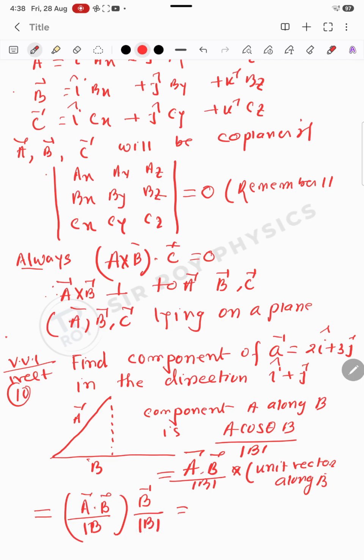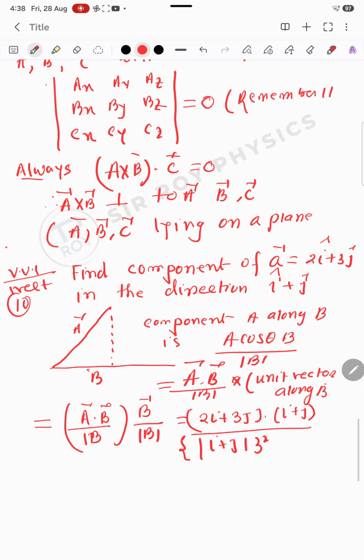So A dot B will be coming: 2i plus 3j dot i plus j, by i plus j whole square. So it is coming to 5 by 2 (i plus j). Only magnitude 5 by 2, but it is along the B.